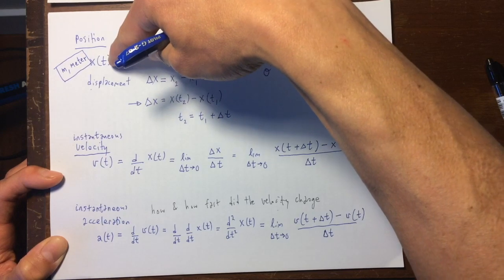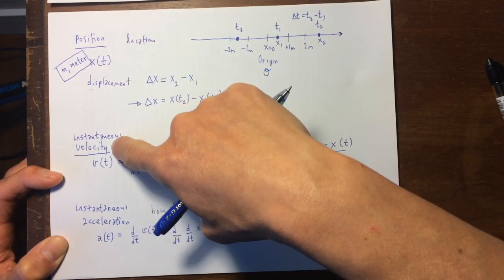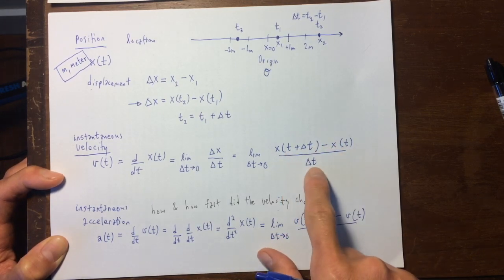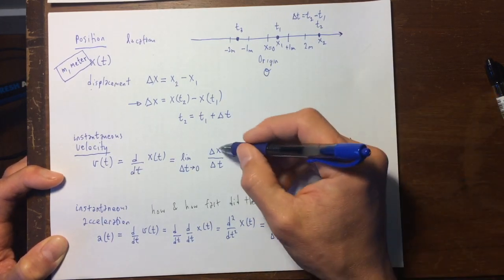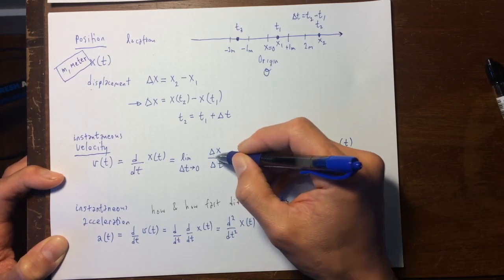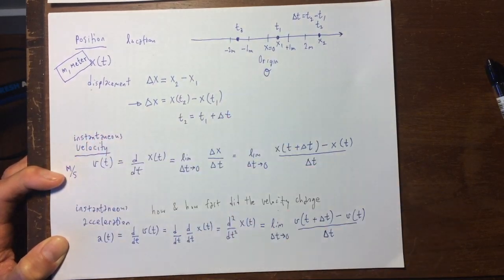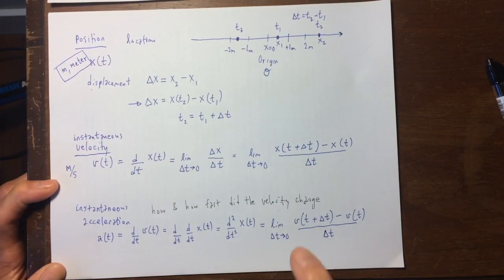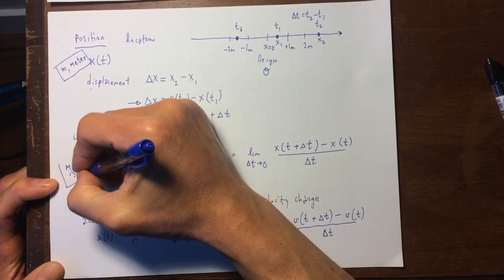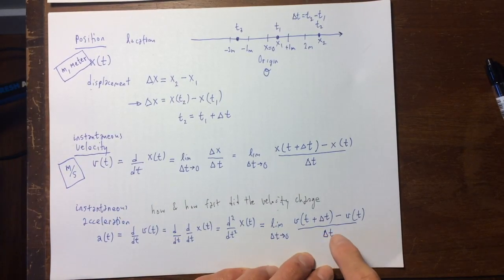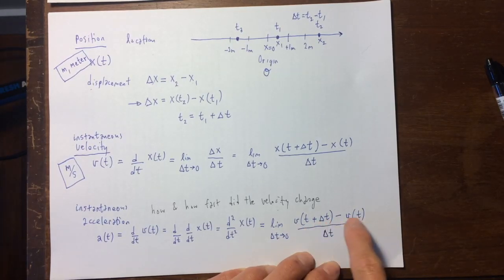And so what's interesting is if you look at instantaneous velocity, and positions are in meters and times are in seconds, if you put displacements in meters and time durations in seconds, this is just going to be the meter per second. If you look at the acceleration, though, it is interesting. In this expression, we're going to have the difference between two velocities.